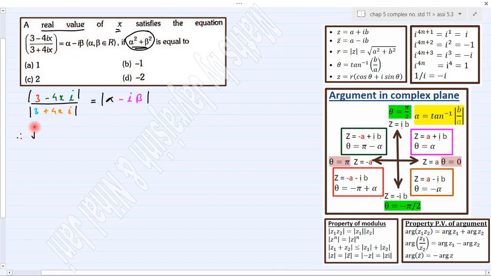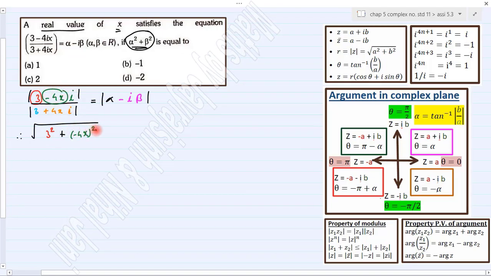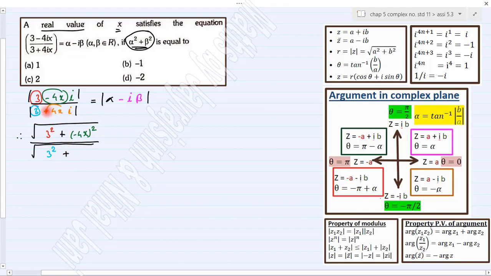So in the numerator we will get under root of the real part, which is 3 square, plus the imaginary part, which is minus 4x the whole square. And in the denominator we will have under root of the real part square, which is 3 square, plus the imaginary part square, which is 4x the whole square.